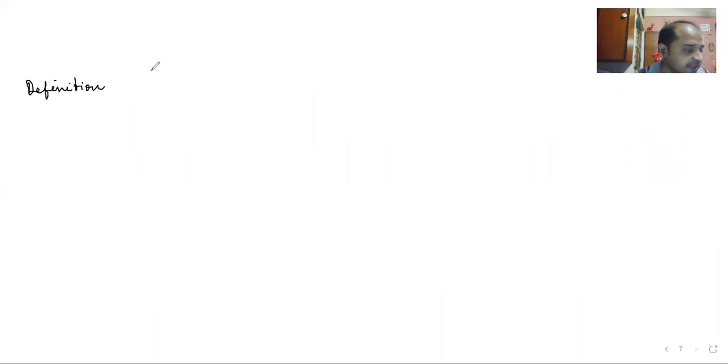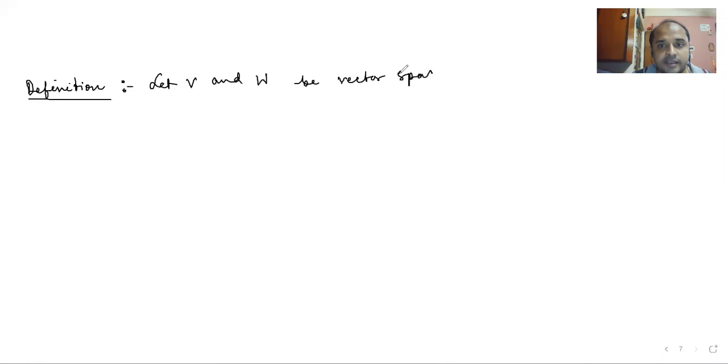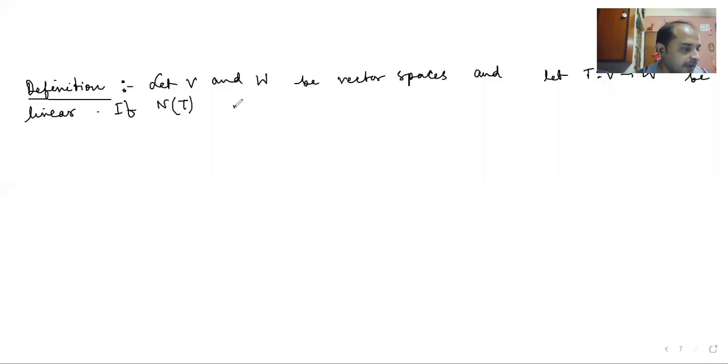The definition is: let V and W be vector spaces and let T from V to W be linear.